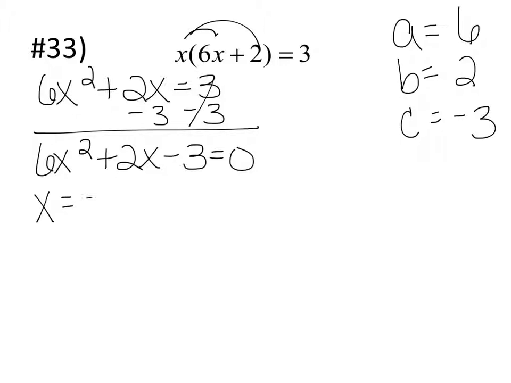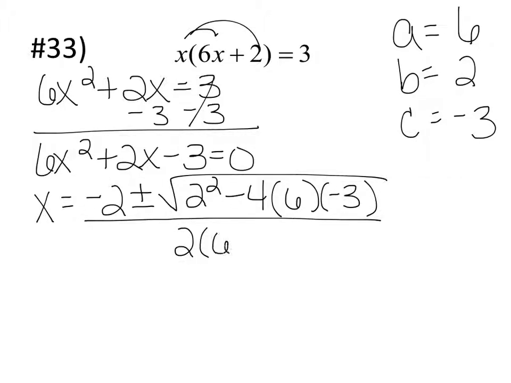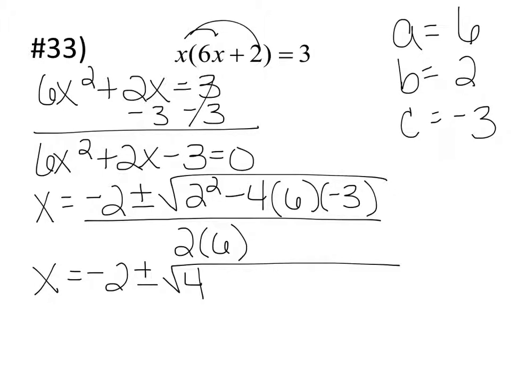X equals negative B, so negative 2, plus or minus the square root of B squared, 2 squared, minus 4AC. A is 6, C is negative 3. All over 2A, which in this case is 2 times 6. X equals negative 2 plus or minus the square root. 2 squared is 4.